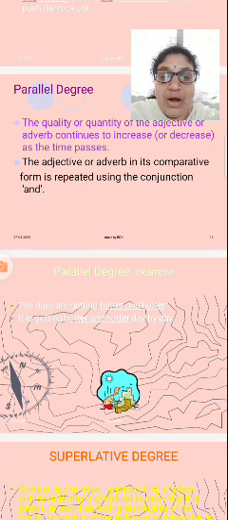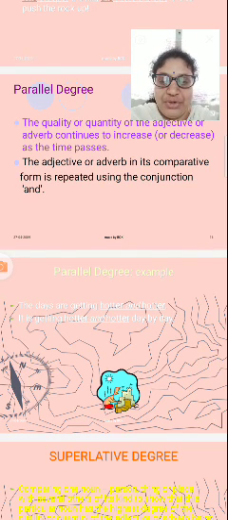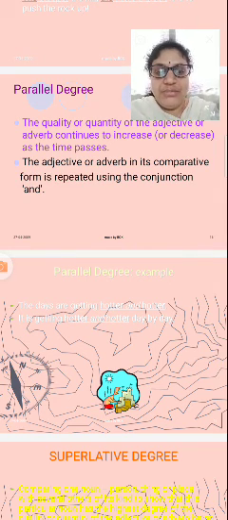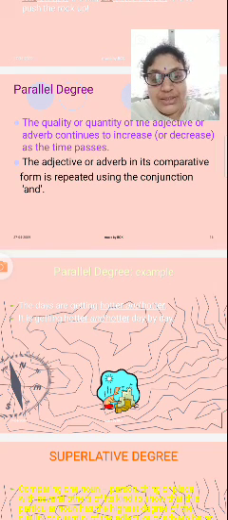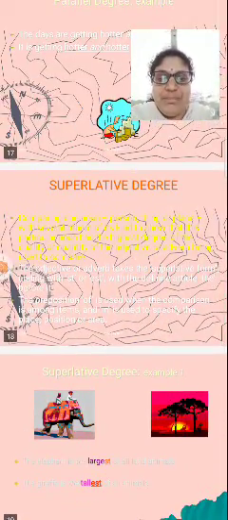I also kept the time to give you an idea. Here, north, east, west and south, and a picture showing the hotness. It is getting hotter and hotter day by day. So this is called the parallel degree.